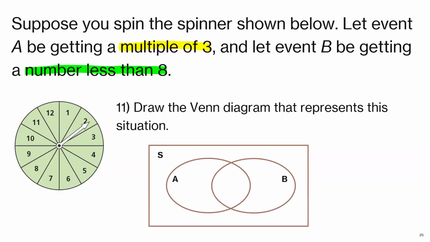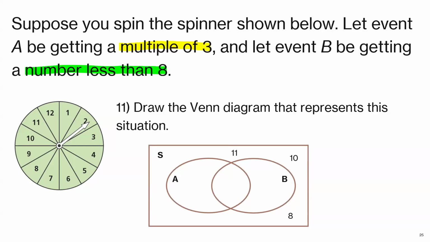So I'm going to find all the values that are not multiples of 3 and also not less than 8. So my options are basically 10 and 11 and 8, actually, because 8 is not less than 8. So I'm putting those outside of the two overlapping ovals, because those are still in my sample space, but they're not part of event A or B.